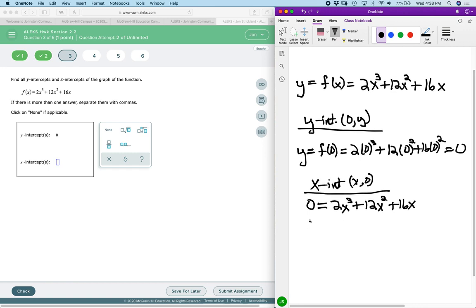Now among the terms, the greatest common factor is going to be 2x, and we have 2x times x squared plus 6x plus 8. So we have a trinomial that can be factored.